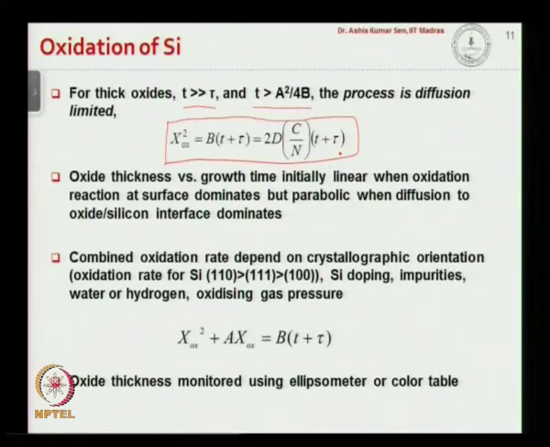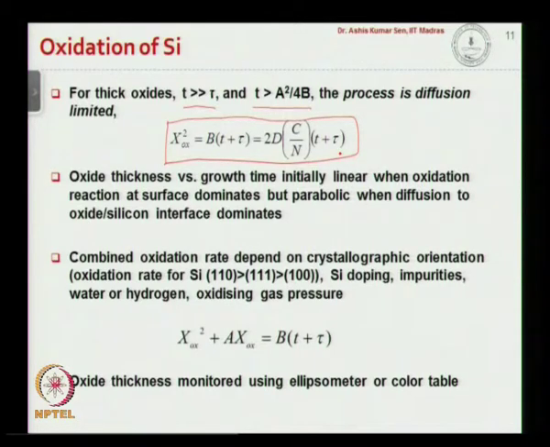At large time scales, for thicker oxide layers, because you would have already built thicker oxide layers for large times, the oxidation will depend on the diffusion, okay. So first the oxidant has to diffuse through the thicker oxide layer. So that is what we see here.